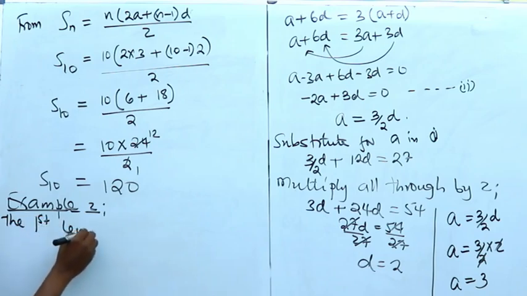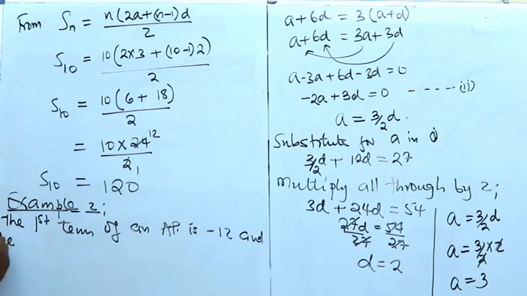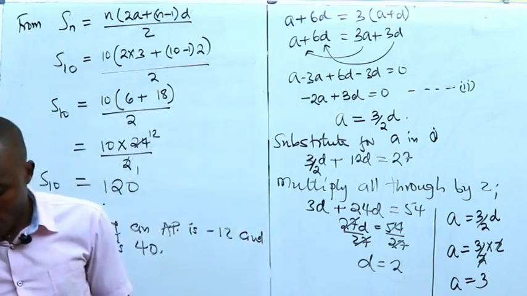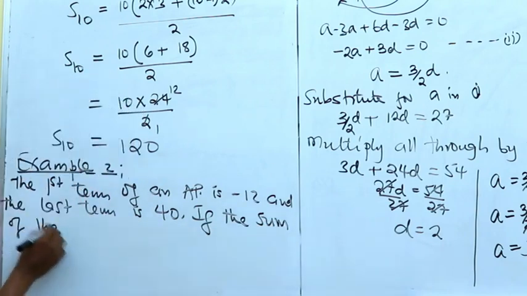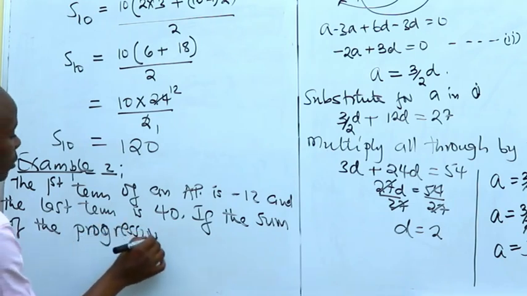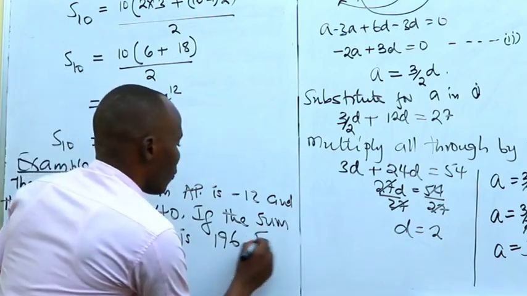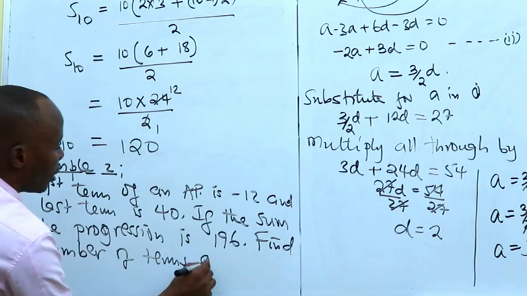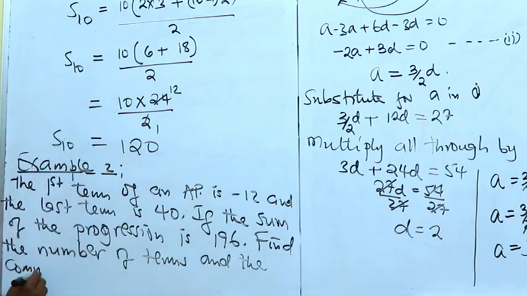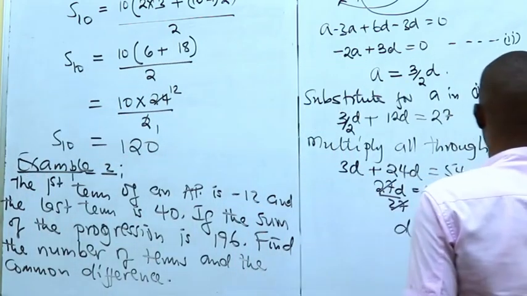If the sum of the progression is 196, find the number of terms and the common difference.